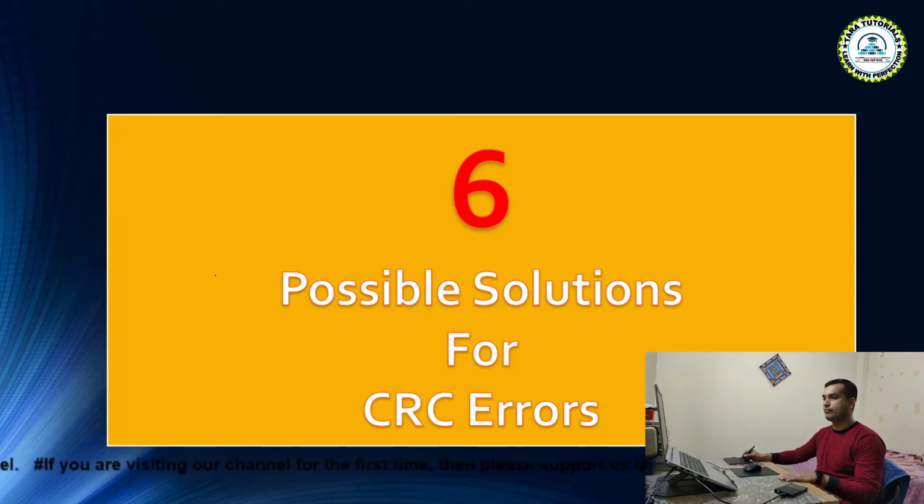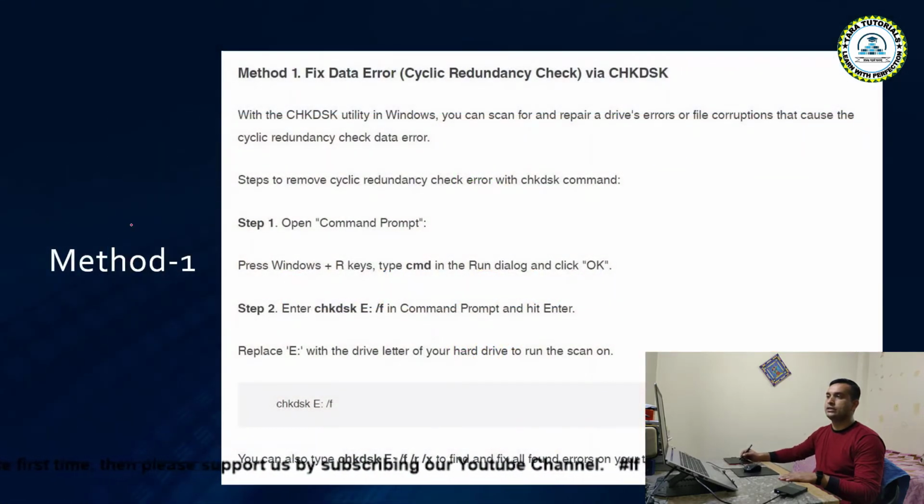Going to the next slide. The first method is fixing the data error CRC via the Check Disk utility. I will explain this method, and I will also give you a live demo along with it. So don't worry, just be with the video till the end.